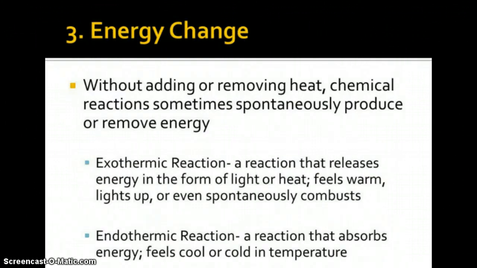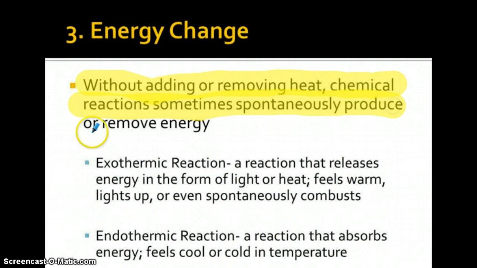Right? The third type of indicator is energy change. Now, without adding or removing heat, so we're not adding any heat ourselves, chemical reactions sometimes spontaneously produce or remove energy.